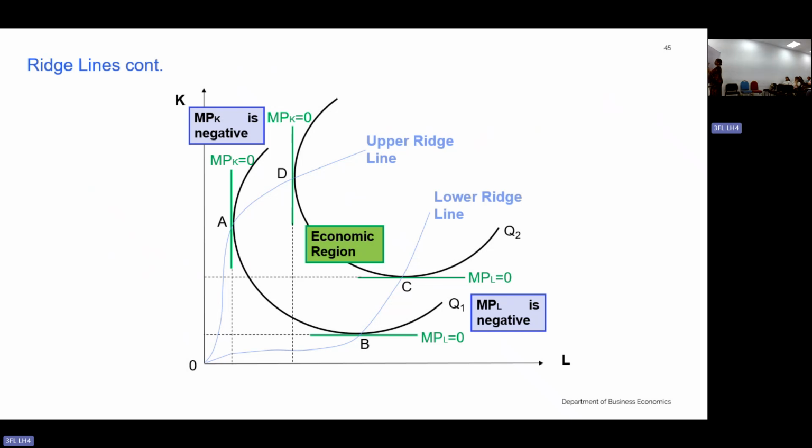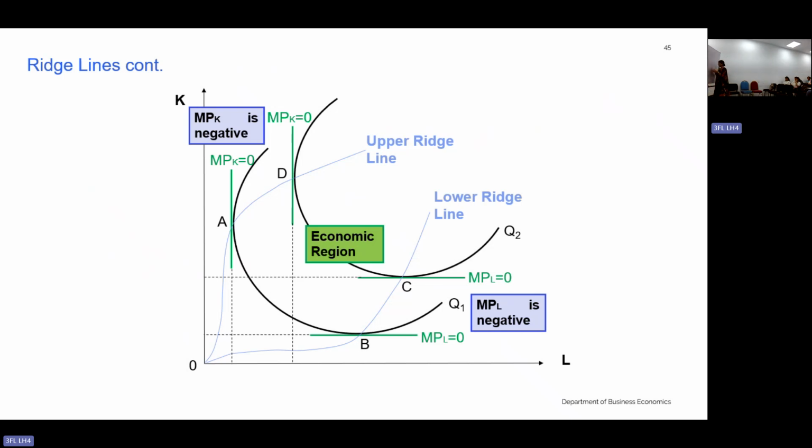But we are increasing both labor and capital. But the quantity is fixed. That means what? When we increase both L and K, ideally the quantity should increase. But the Q does not change. That means what has happened? MPL is negative, right? Additional labor is non-productive. No production at all. So MPL is negative. We are not talking about MPK.